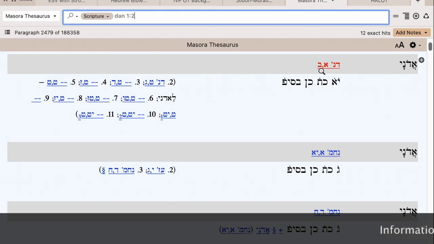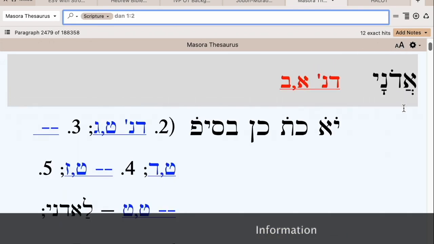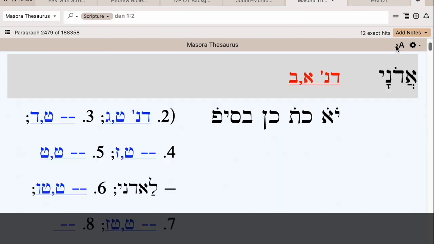Aleph is for chapter 1. The Bet is for verse 2, Daniel 1:2. And we can see that the entry here is the word Adonai. Adonai. And so Dotan Reich enter the Masoretic note as it appears in the manuscript, 11 times written thus in this book. And so what are those 11 times?